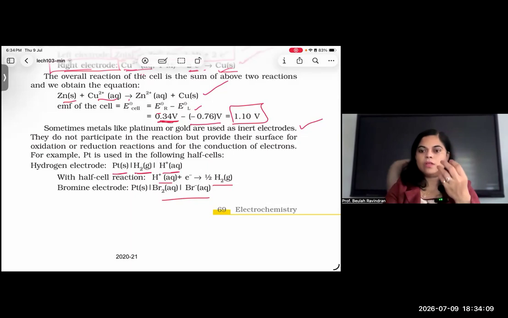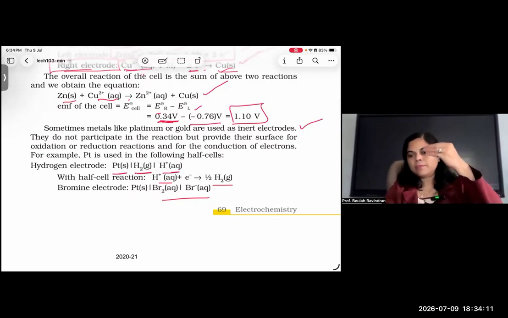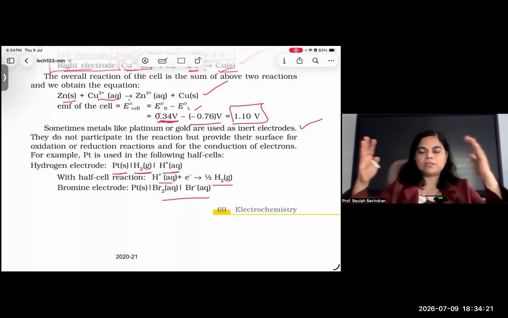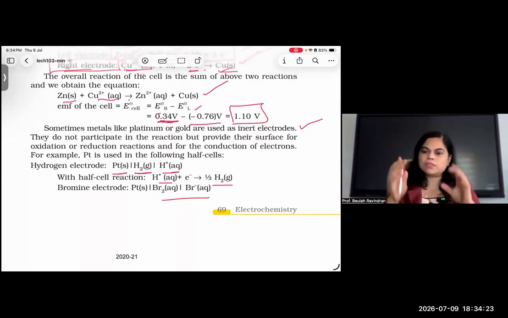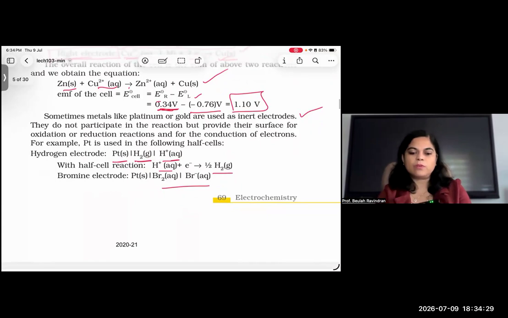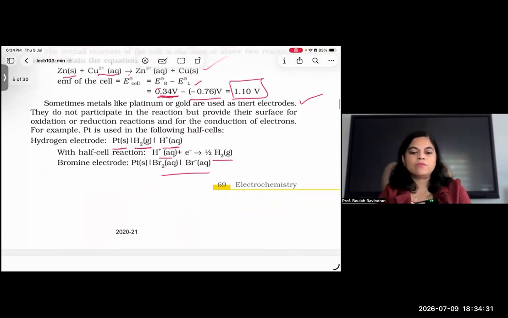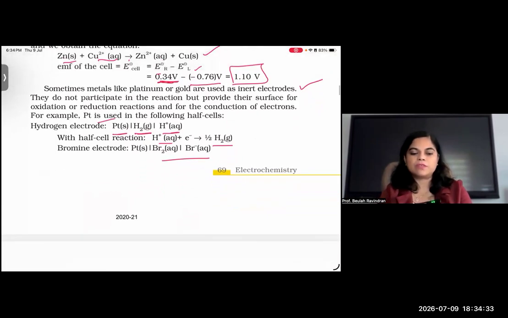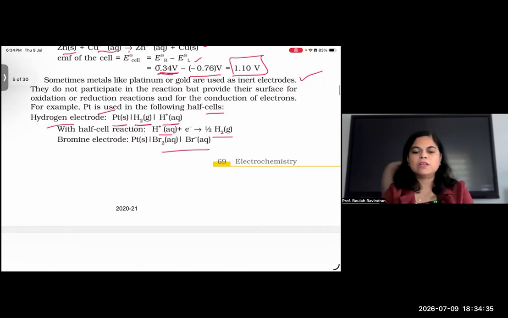So the gas is deposited on the platinum electrode, which is coated with platinum black, by the downward displacement method, and then it is placed in an acid. This is the setup we saw already, the standard hydrogen electrode. They do not participate in the reaction. For example, platinum is used in the half cell reaction in the hydrogen electrode we saw. The same thing is repeated again and again.